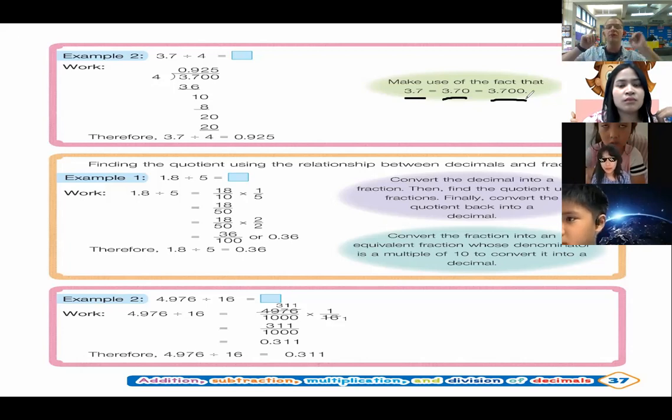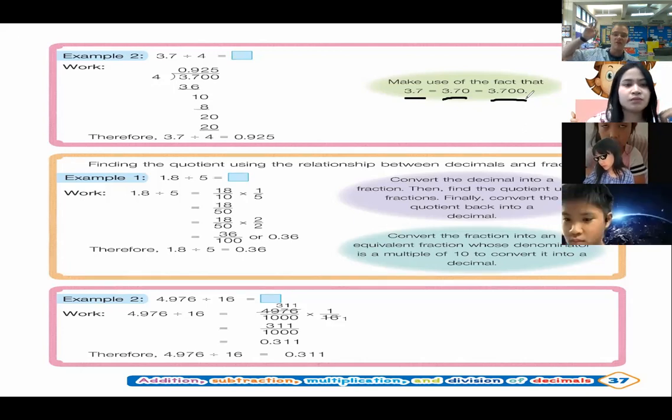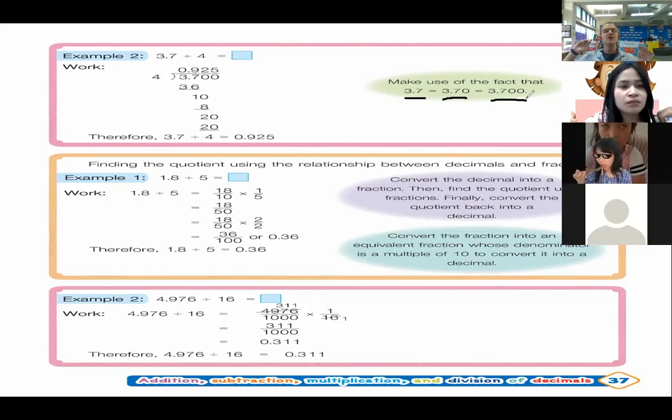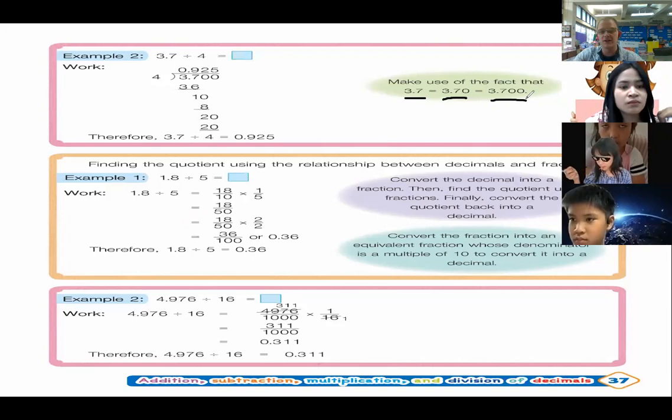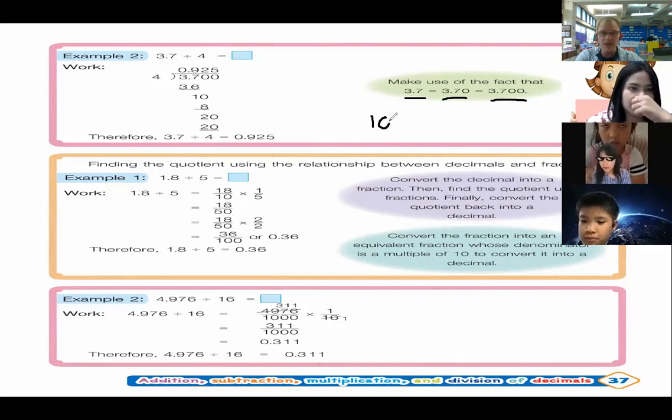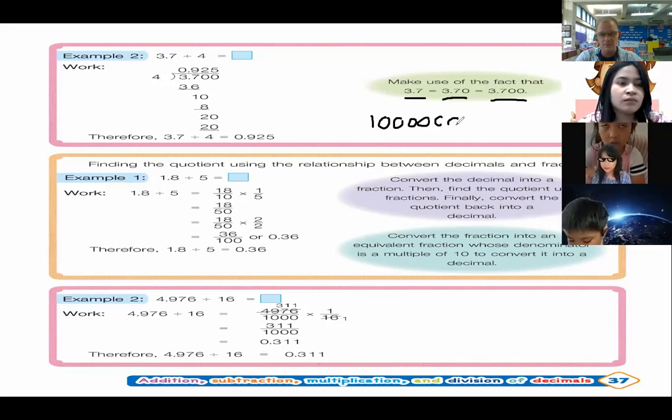Because like I've said before, if you add a 0 at the end of a decimal number, the 0 does not affect the number. If you have 1 and you add a 0, it does affect. It becomes 10. Add a 0, it becomes 100, 1,000, 10,000, 100,000, a million, 10 million, and so it goes on.